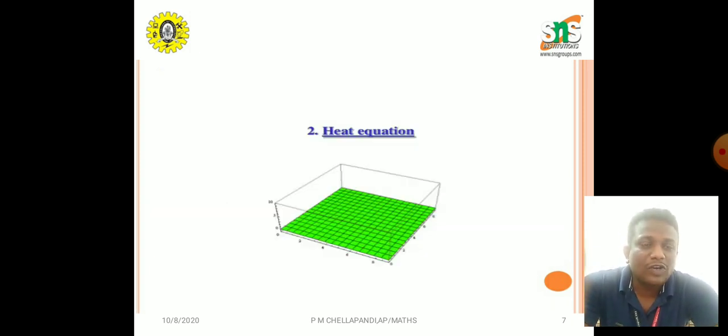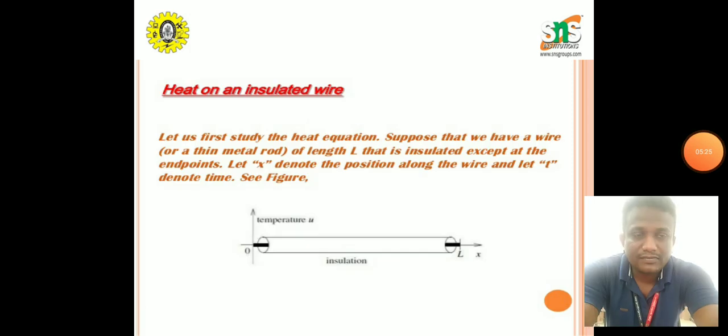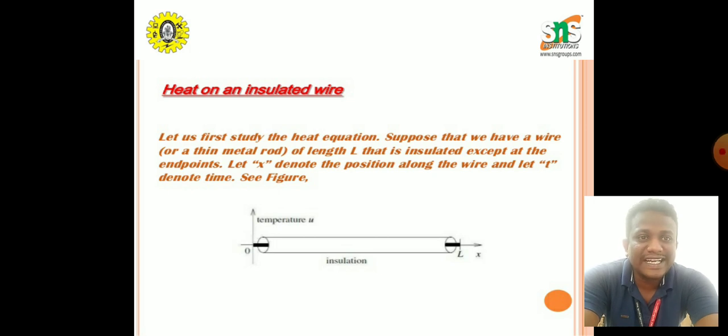Now we are going to apply our Fourier series to the heat equation: heat on an insulated wire. Let us first study the heat equation. Suppose that we have a wire or a thin metal rod of length L that is insulated except at the end points.